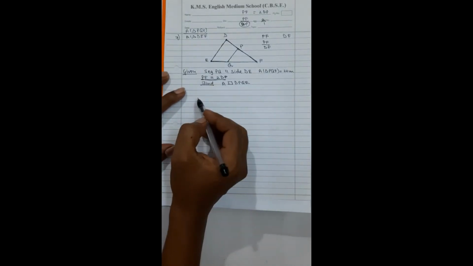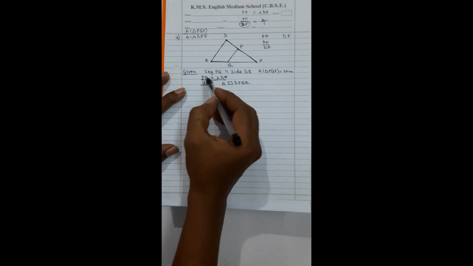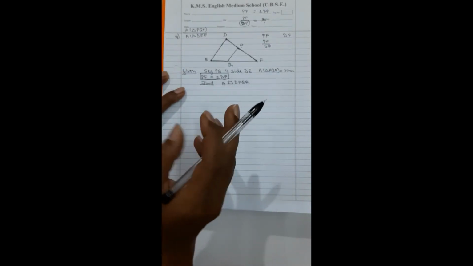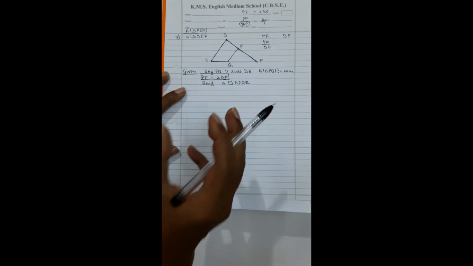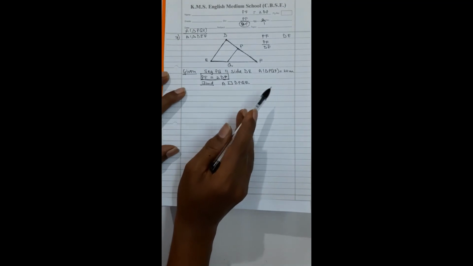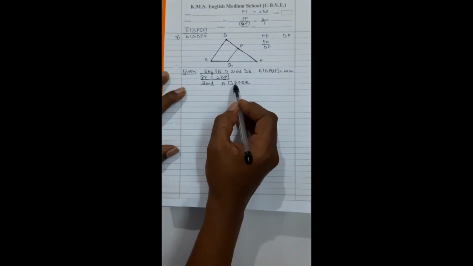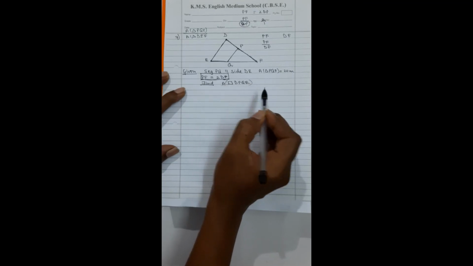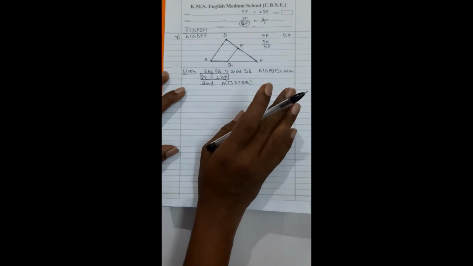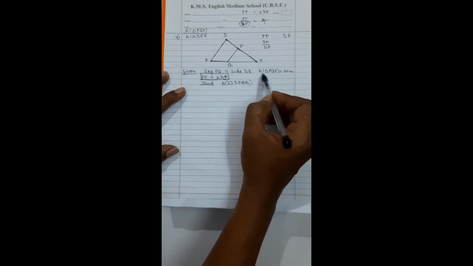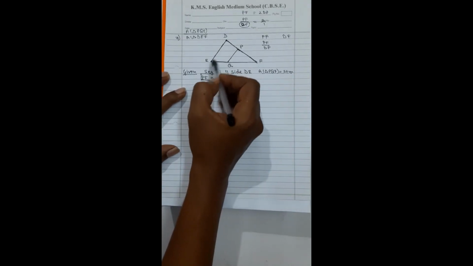There are three things in total. One, you have to give this in a proper form. It is not in the form that you require, it should be PF upon DF. Secondly, they are asking you to find the area of quadrilateral DPQE. But actually, you have the area of triangle PQF, and you can find the area of triangle DEF.